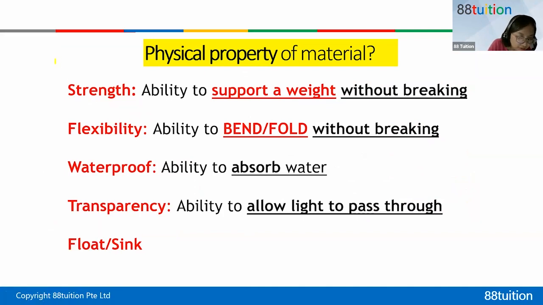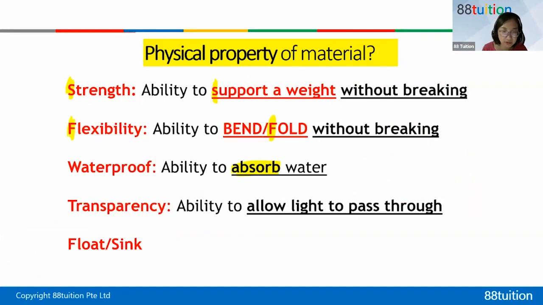Strength starts with S, so you can think of the word support. So support a heavy weight without breaking. Flexibility starts with F, so you can think of the word fold or bend, without breaking. Waterproof means you cannot absorb water. A raincoat is waterproof.